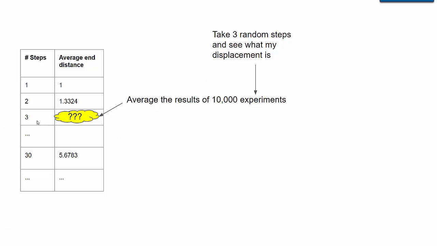For the next row down, 4 steps, my experiment would be take 4 random steps and see what my displacement is. So as you can see, there's several layers here. There's displaying the table, but to get the table, you need an average of a bunch of things. And then to get the average of a bunch of things, you actually have to run the things. You have to actually run the simulations or the experiments. So let's see how this plays out in code.